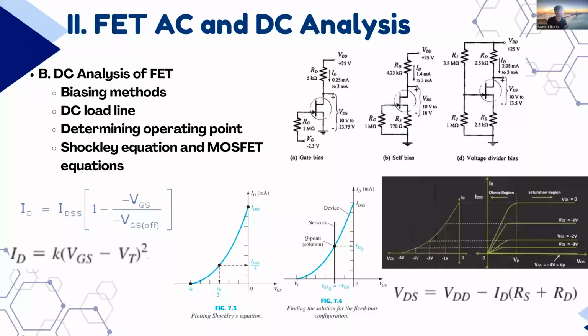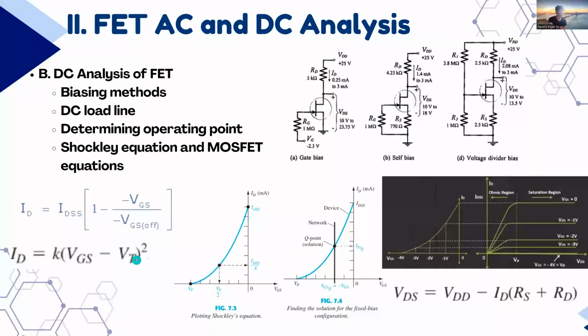Both mathematical expressions demonstrate that drain current ID is a function of the square of the input voltage. Next.